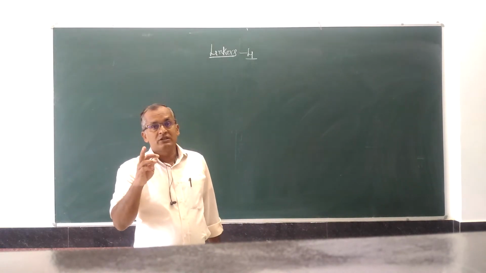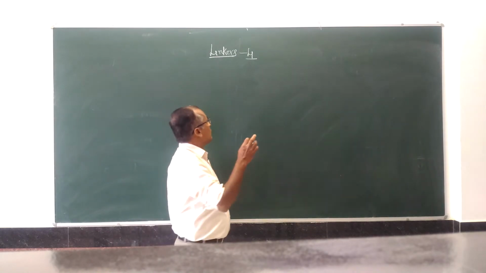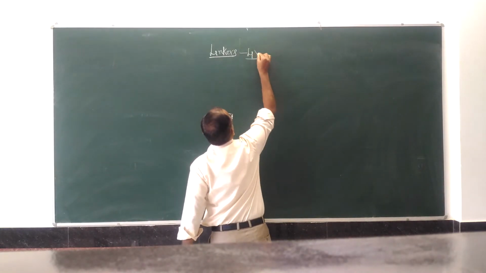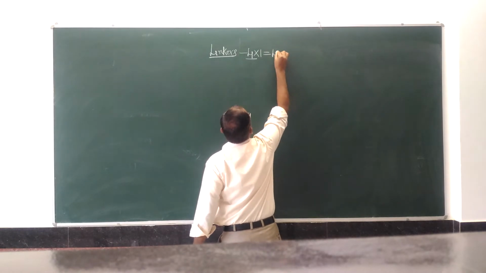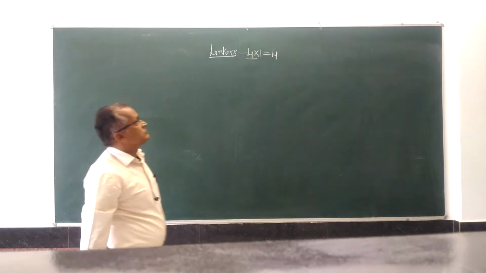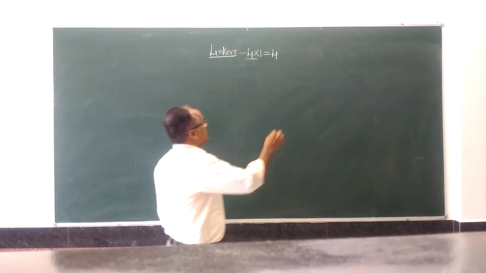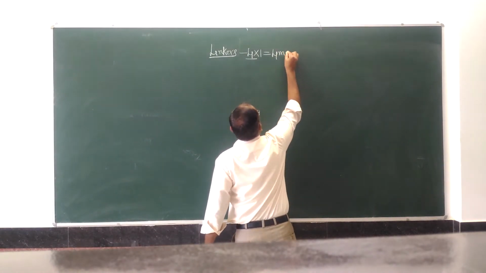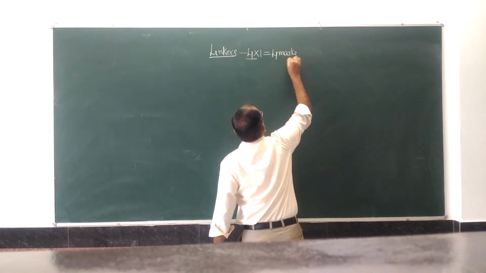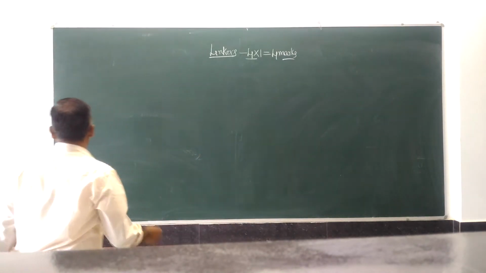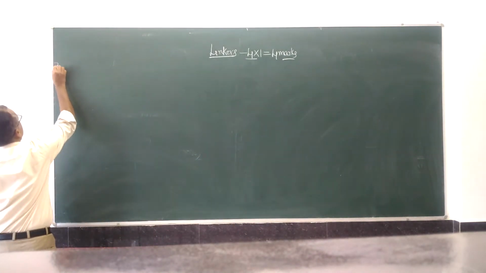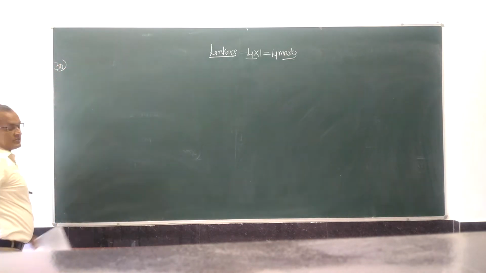For each linker, you will get 1 mark, so 4 linkers carry 4 marks, 4 into 1. This is question number 38. In the examination, it will be the 30th question.